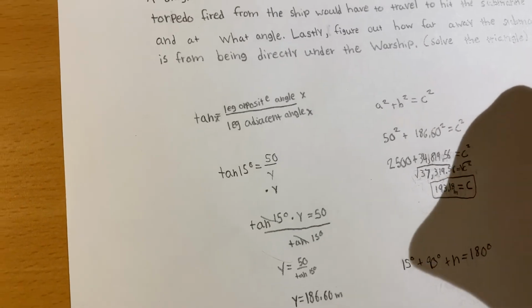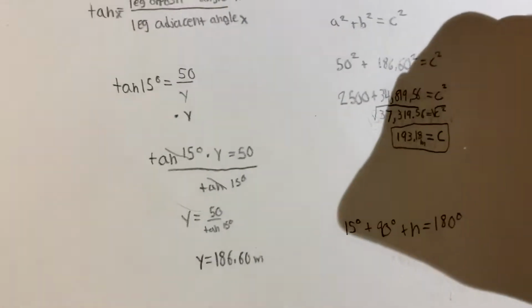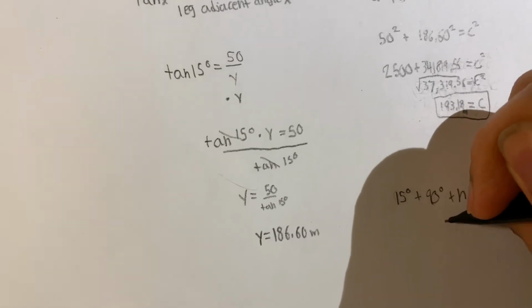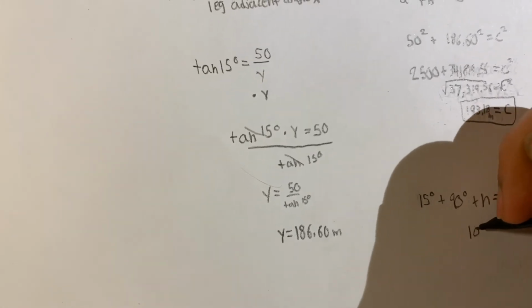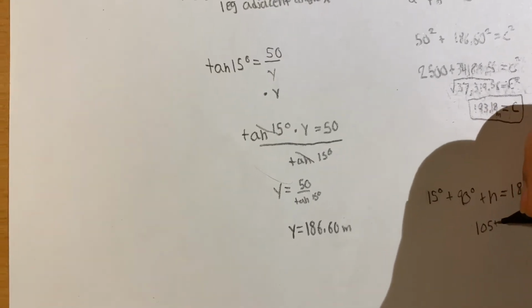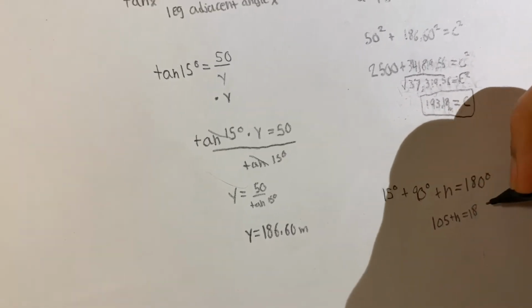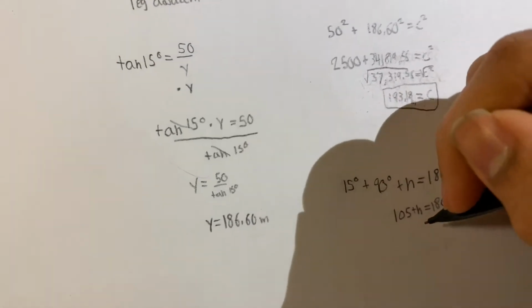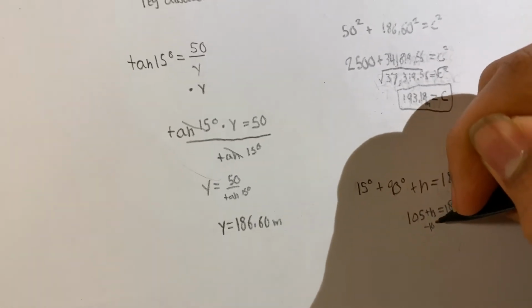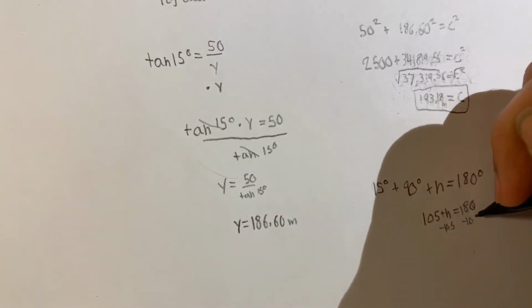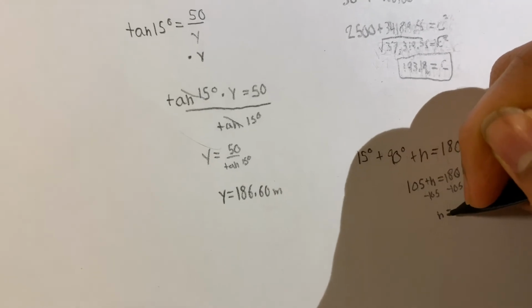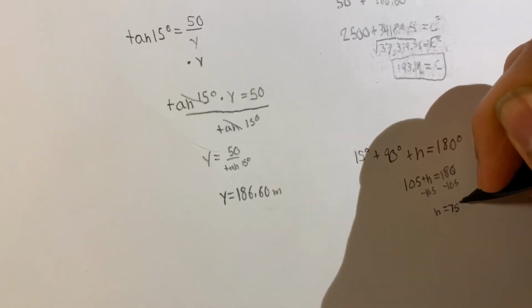Always. So all I have to do to figure out what n is, solve for it, of course, is add like terms first. So that's 105 plus n equals 180. And now all I have to do is subtract 105 from each side. Simple. And that tells me that n is equal to 75 degrees.